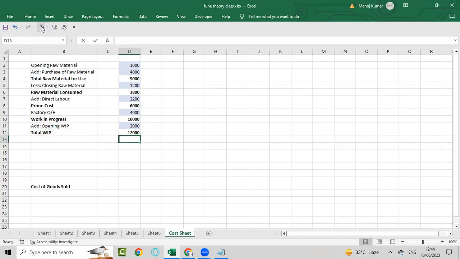So that is, let's suppose 2,500. This is your closing work in progress. So this has to be deducted. Now what is this called? Out of total work in progress, we deducted closing work in progress. What is this now? Finished goods.